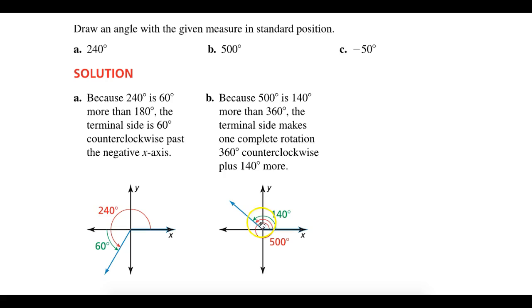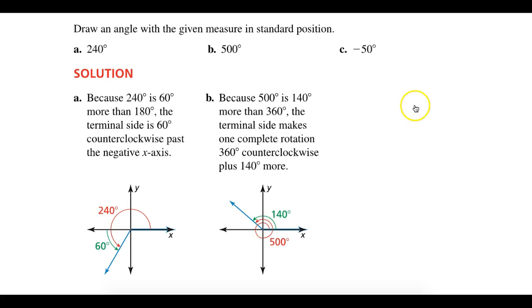You wouldn't know that it had already gone around one full rotation. So when you're drawing your angles, you have to make sure you draw the actual rotation itself. Here, our red semicircle shows us that we went around 240 degrees. Here, we went around 500 degrees.